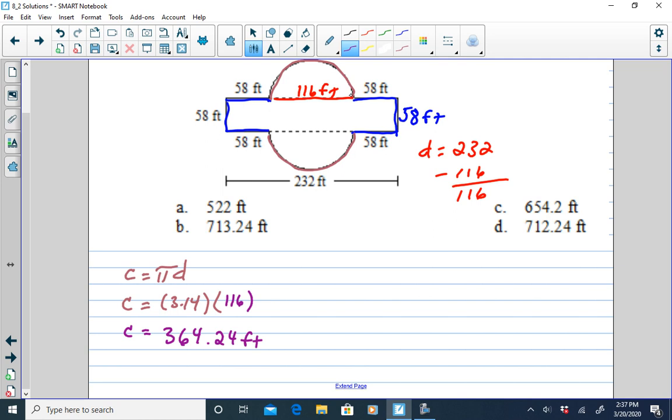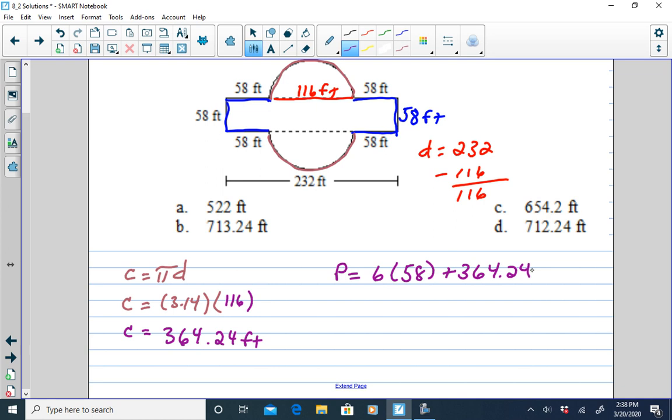We also have to find the sum of those other segments. So the perimeter is going to be equal to the 6 segments of 58, right? That's 1, 2, 3, 4, 5, 6 segments of 58 plus the circumference, which was 364.24.